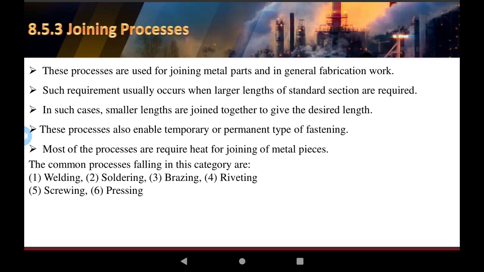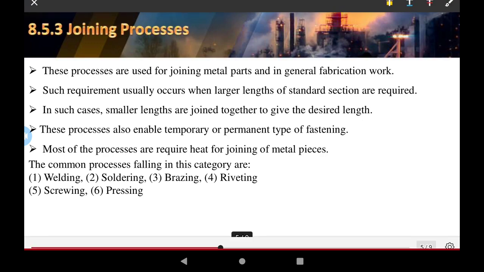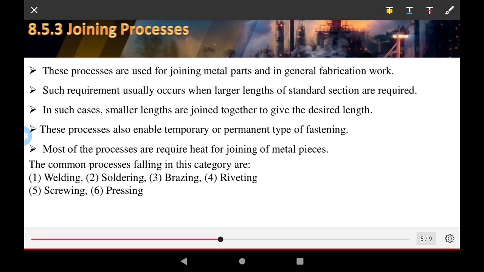This process enables both temporary and permanent joints. Most of these processes require heat for joining the metal pieces.